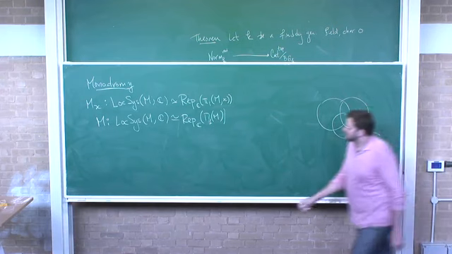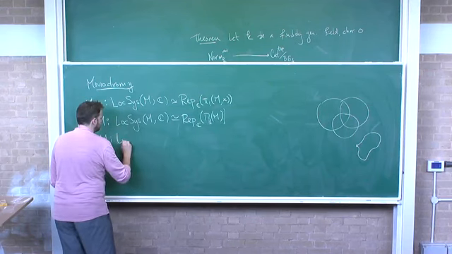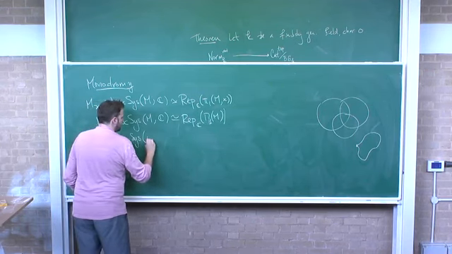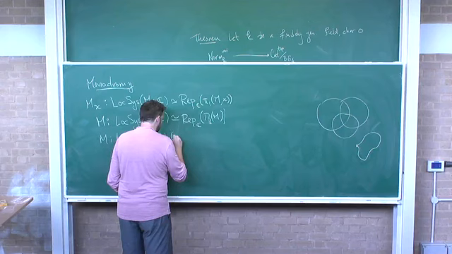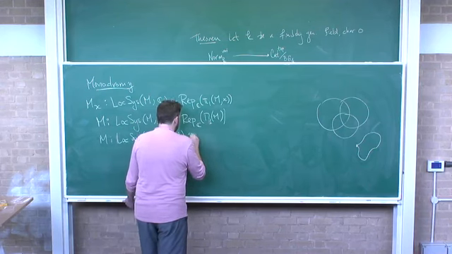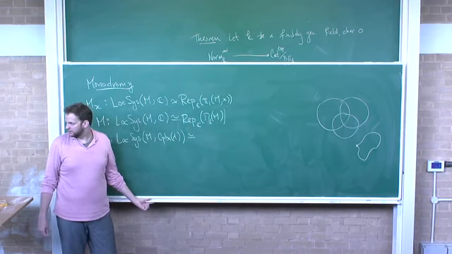you know what I'm saying. What I'm saying is that if I now look at local systems, not just of complex vector spaces, but say complexes in something, I don't care, then this is really representations of the fundamental infinity groupoid.